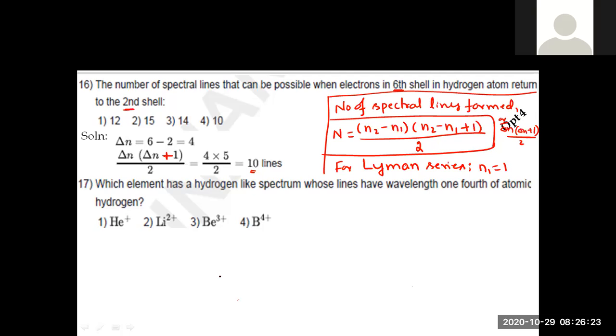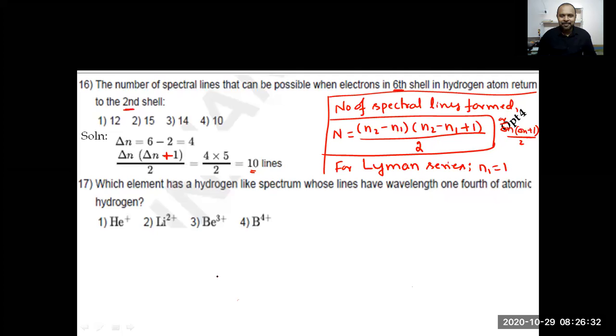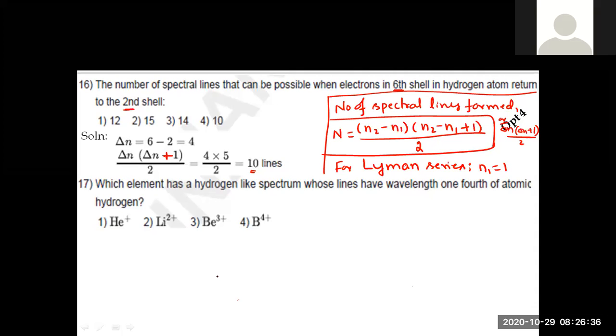Sir, is it lithium? Helium. Lithium? Sir, boron. Helium. Boron, sir. Appreciated for spontaneity. Who said lithium? Sir, Shashank. Beryllium? Boron?